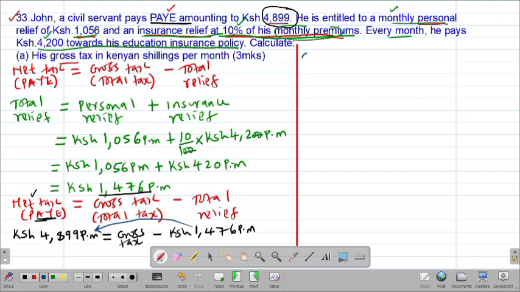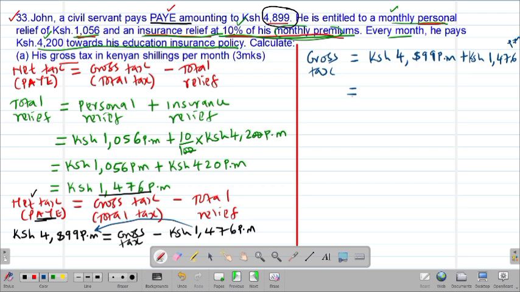So it means that our gross tax will be equal to, of course, we're going to add 4,899 shillings per month. Then, of course, we're going to add Kenya shillings 1,476, which is also per month.